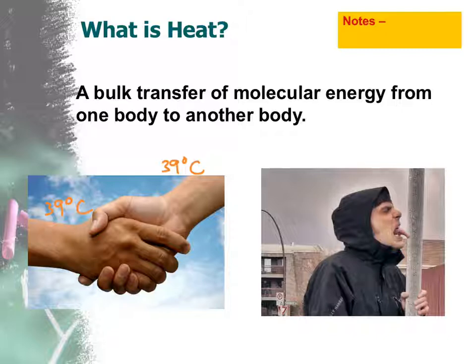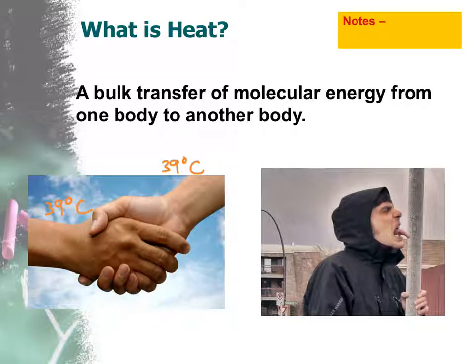Now, what would happen in this situation on the left is that this person's hand has an average amount of kinetic energy in the molecules in their hand, and those are going to bump into the molecules on this other person's hand, and on average, these bodies have the same amount of energy.